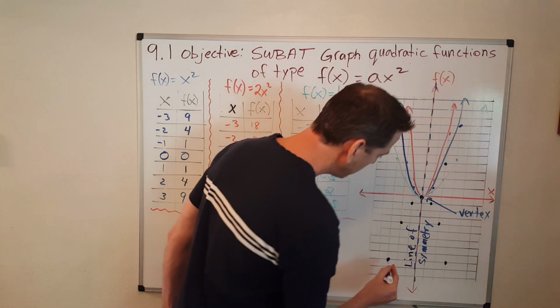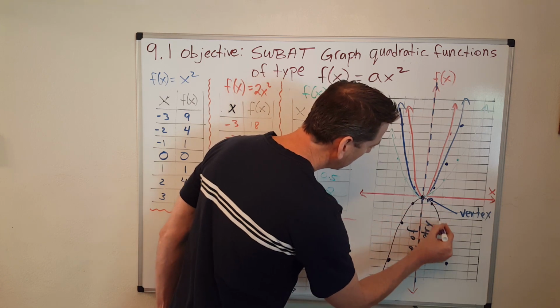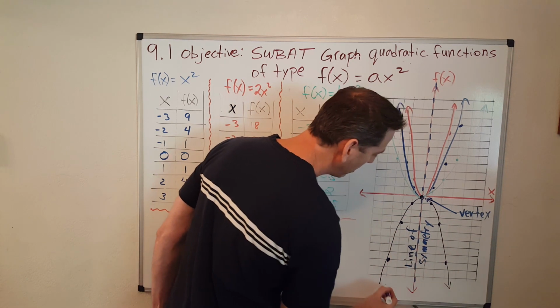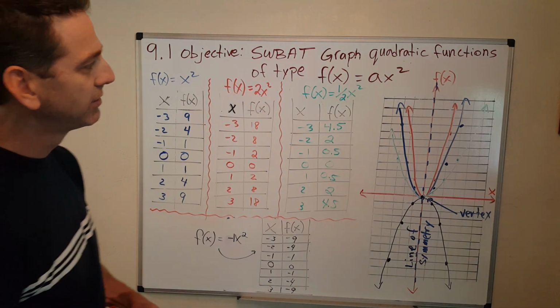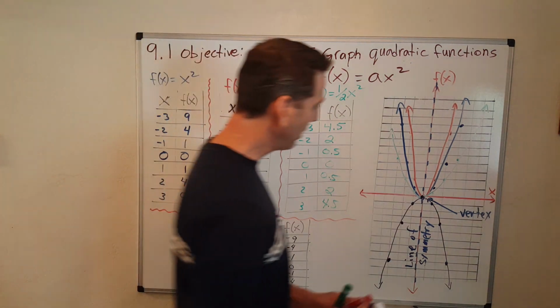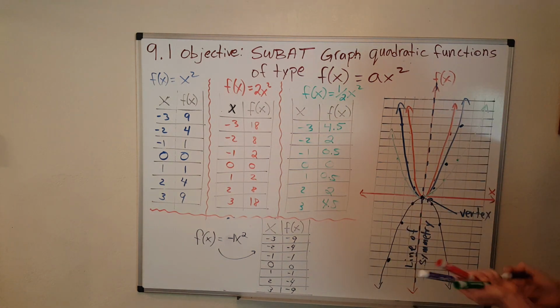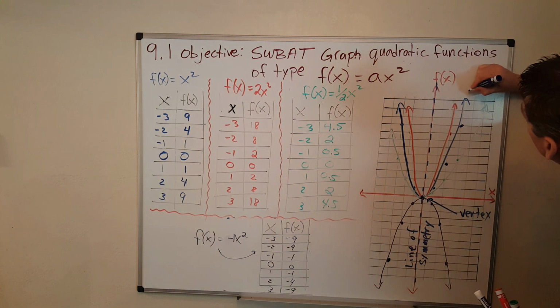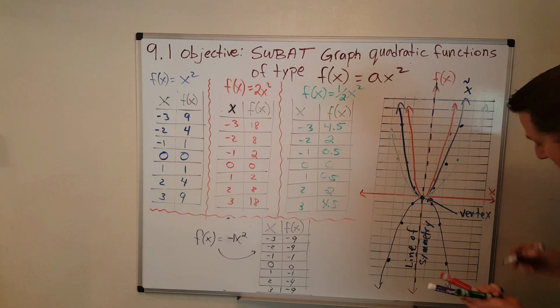All right, so here's what happens to my parabola. Look at that. If you want to label these, this is x squared.